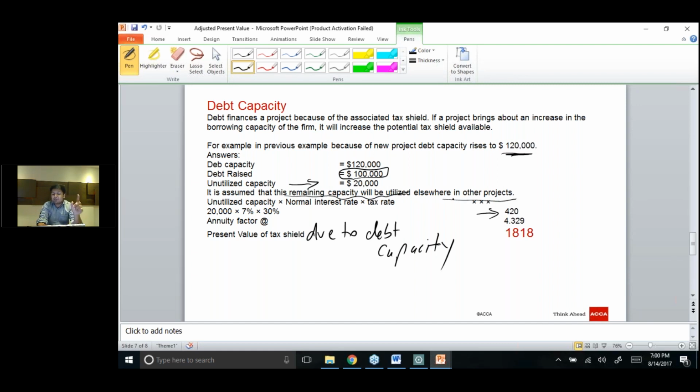You can't take assumption that you are not going to use. It's a very foolish way that you are not using the debt capacity, but you are claiming it's saving. It's not that way. You have to take assumption that this remaining capacity will be utilized elsewhere in other projects. Obviously, if you have taken this assumption, then you are going to cover its tax saving.